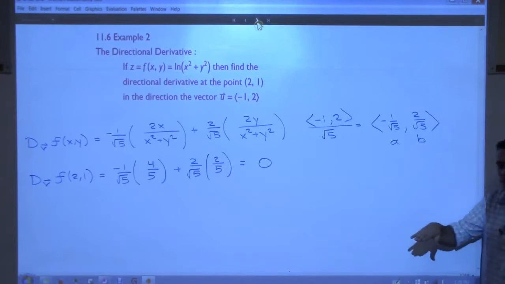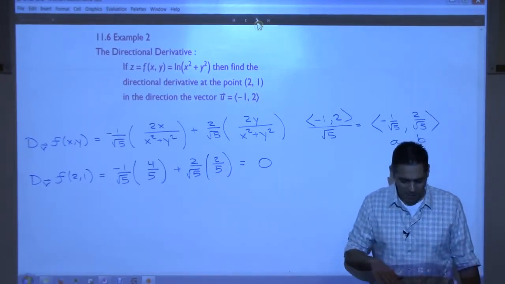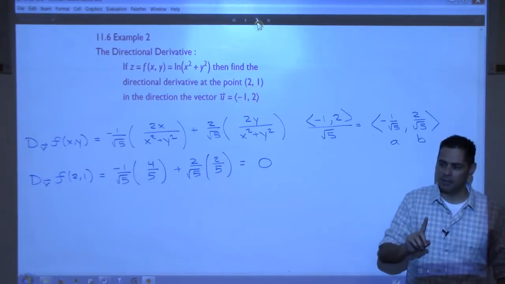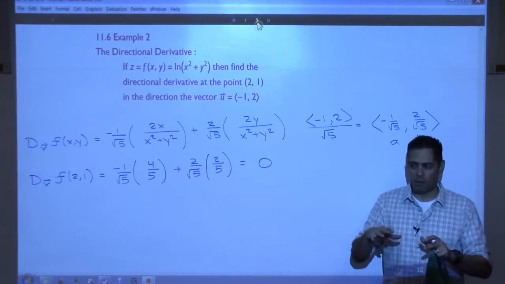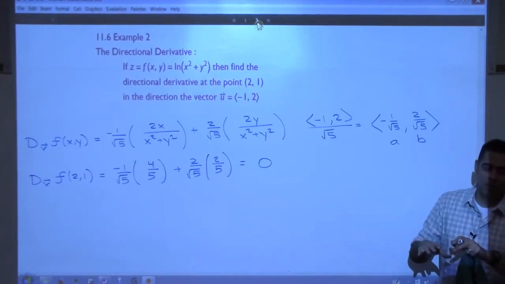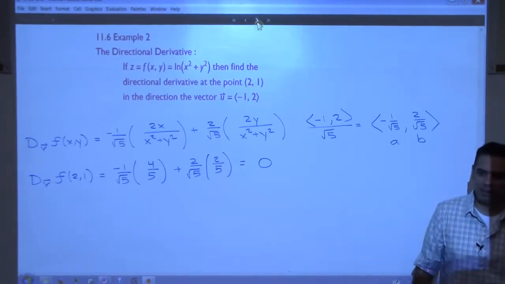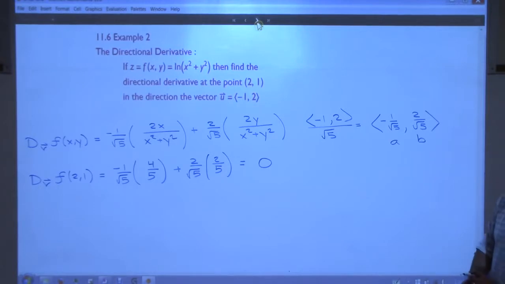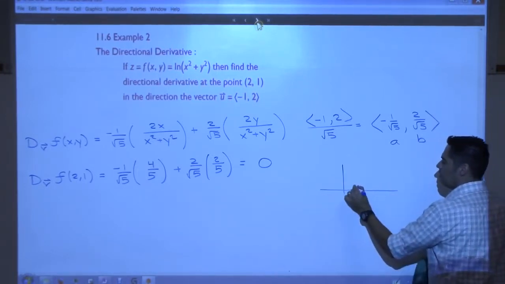Flat. You're flat. So you're standing, and you might possibly be at the top of a hill, or possibly the bottom of a hill, or neither one. It could be a saddle point. It could be a lot of different things, okay? Because the surfaces are complicated. It's not as simple as back in Cal 1.